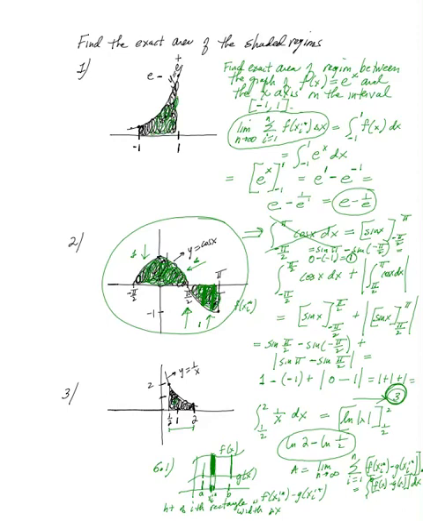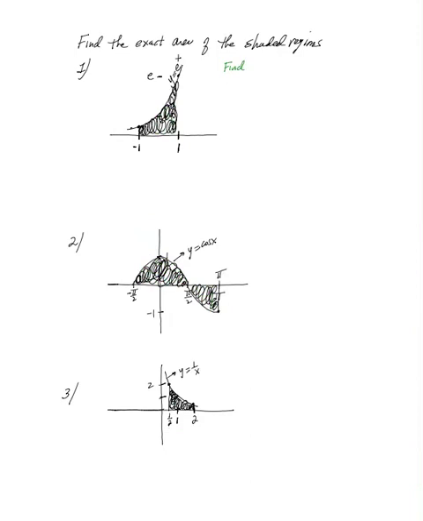So in number 1, we're trying to find the exact area of the region between the graph of f of x equals, that's e to the x, isn't it? And the x-axis on the interval -1 to 1.